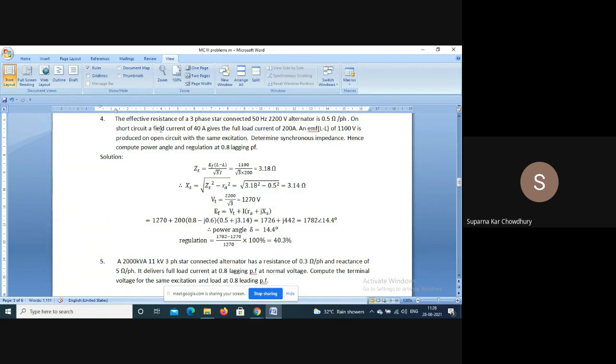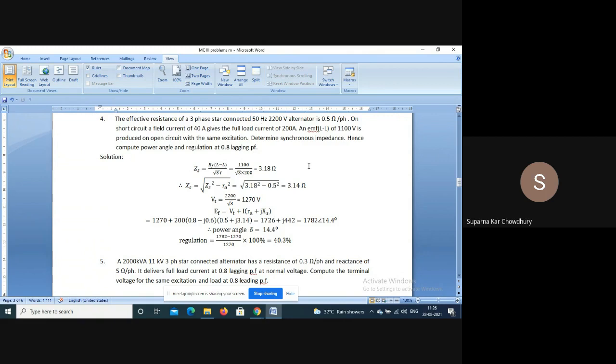On short circuit, a field current of 40 ampere gives the full load current of 200 ampere, and an EMF line to line value of 1100 volt is produced on open circuit with the same excitation. Determine the synchronous impedance, and compute the power angle and regulation at 0.8 power factor lagging.